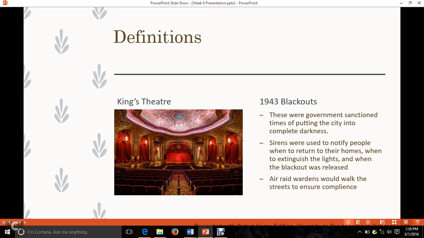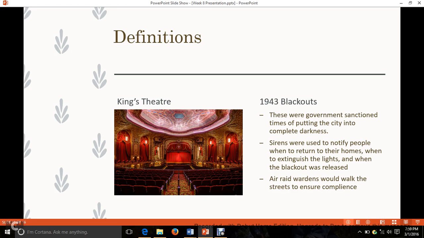And the wardens would walk around the streets and check people's windows and make sure they're blacked out, and to ensure compliance. And then after these things have been checked, they would sound another alarm, and everybody could turn their lights back on. And this man that is being described in the poem is a blackout warden.